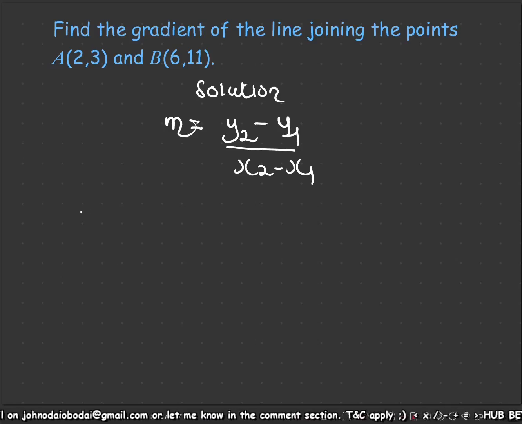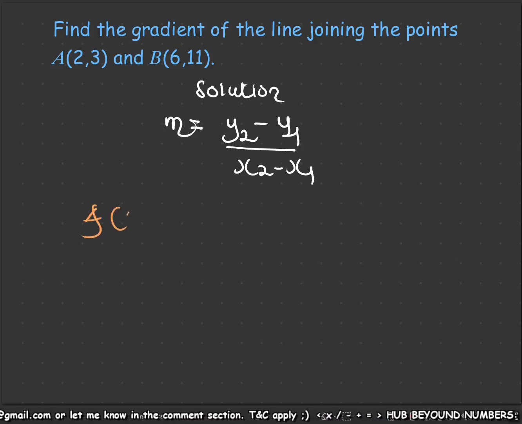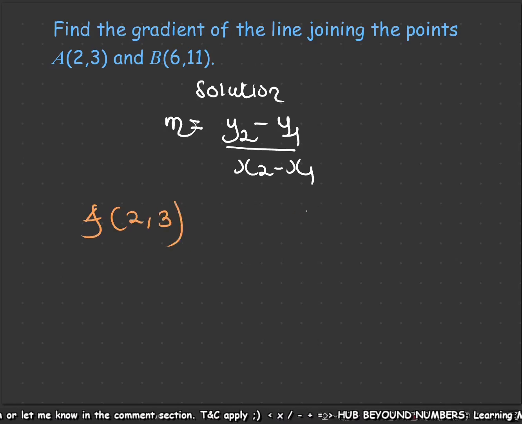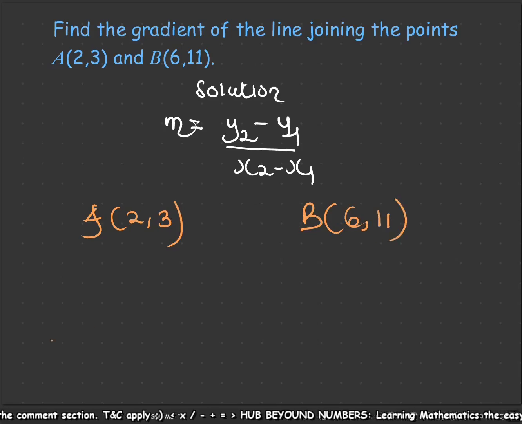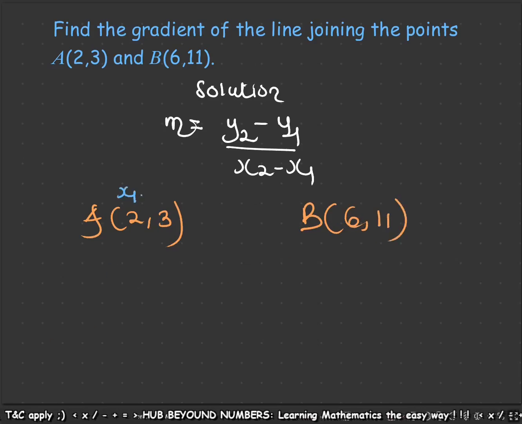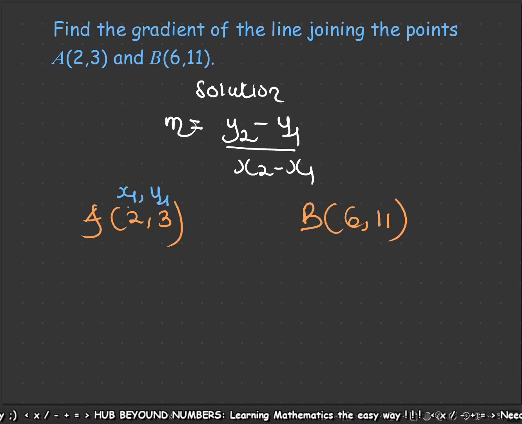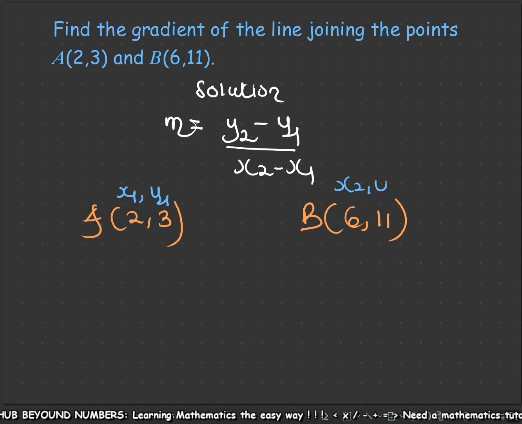So for the given points where A is 2, 3 and B is 6, 11, we are going to write that our x1, y1 is going to be the set that we have in A, and then your x2, y2 is going to be that of B.